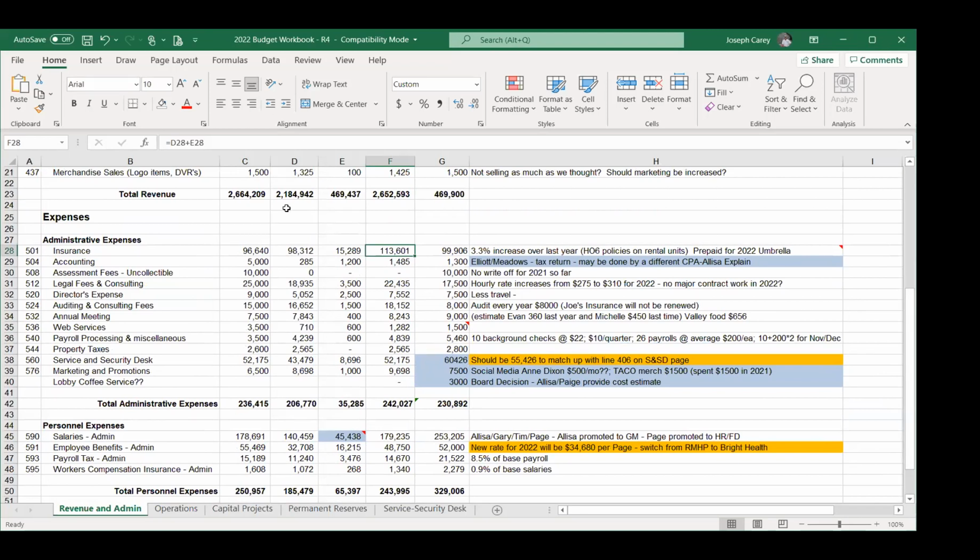So Elisa, then shouldn't this go down by that amount? You take a look at that. Yeah, let's talk to Jennifer, maybe. We have to pay the umbrella policy again in the fall next year.